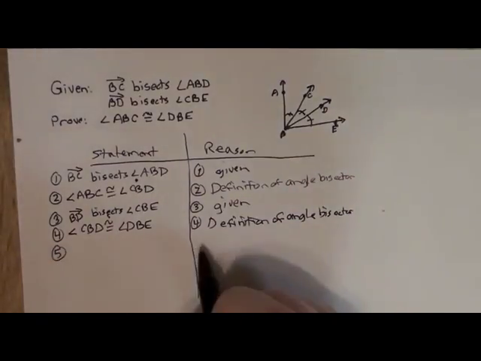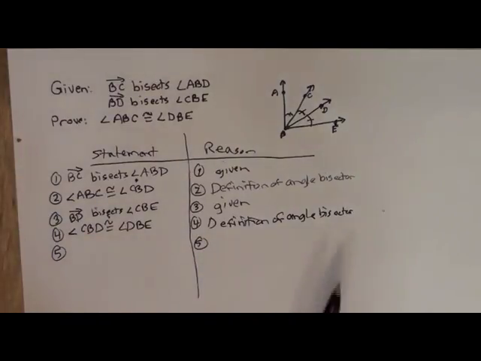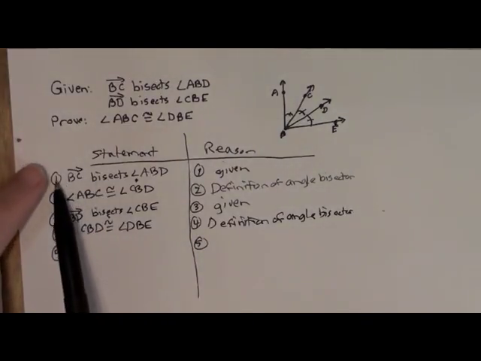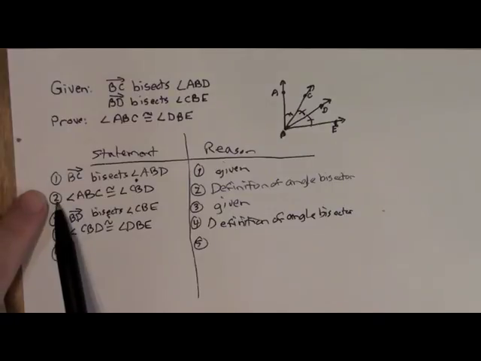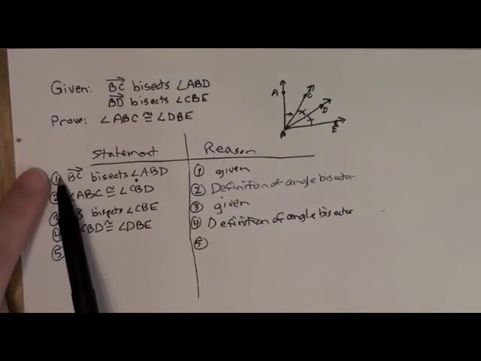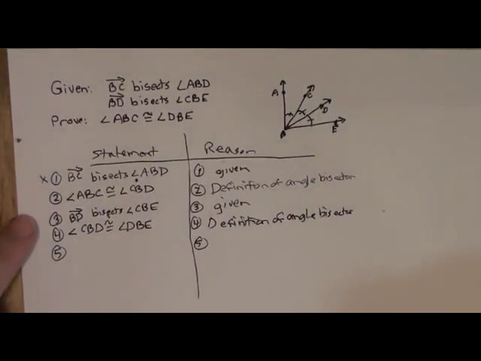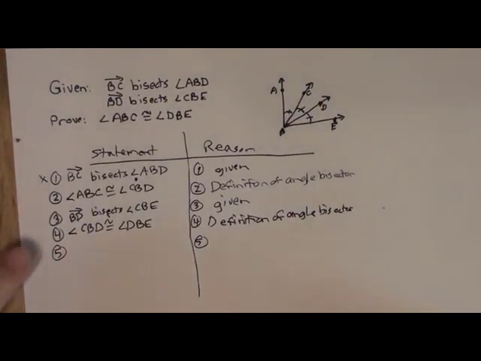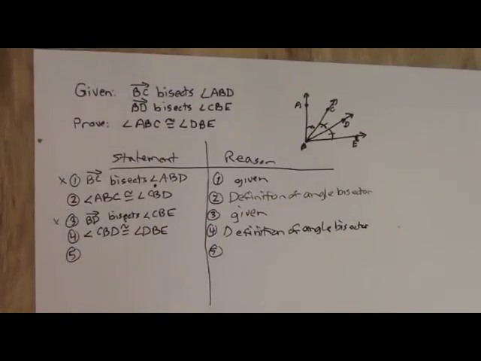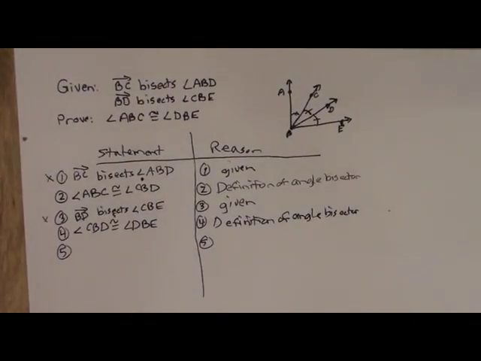All right, now note, please notice, we used line 1 to create line 2. So we already used line 1. We don't need to worry about that anymore. We used line 3 to create line 4. So we already used line 3. We're done with that one.